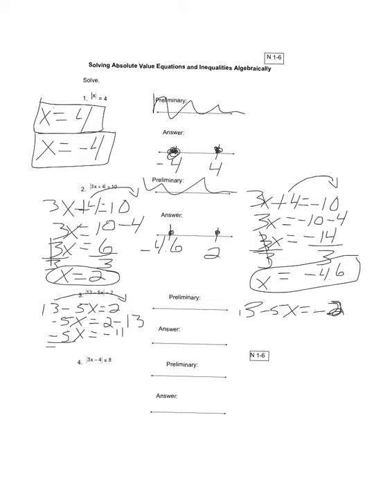Divided by negative 5. And x equals what? Positive 2.2, we agree? Box it, circle it, whatever.